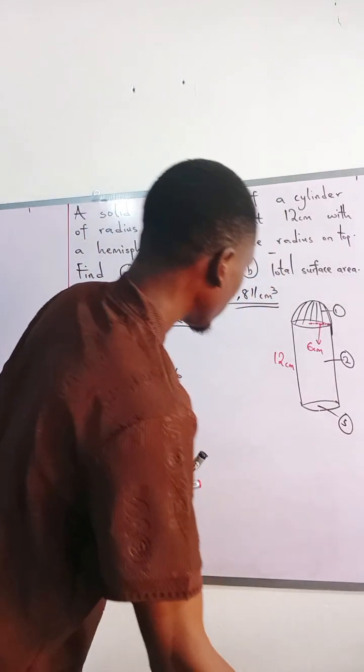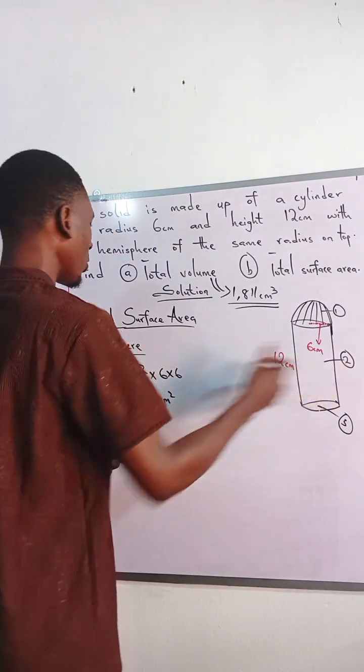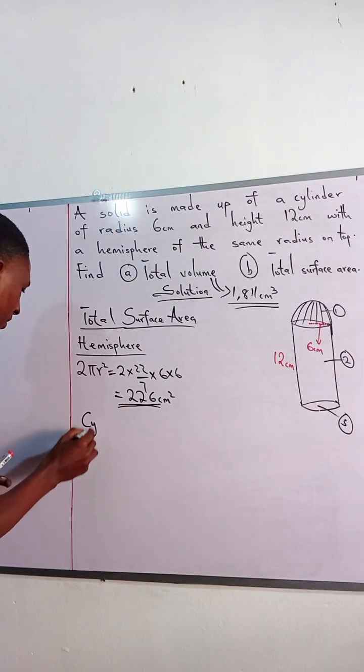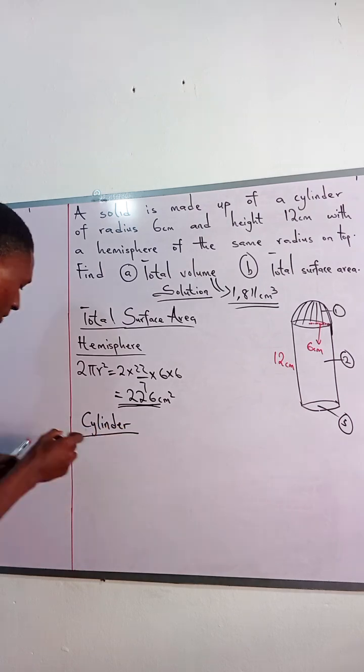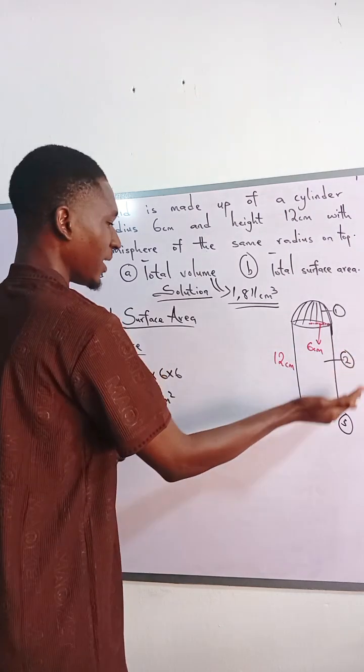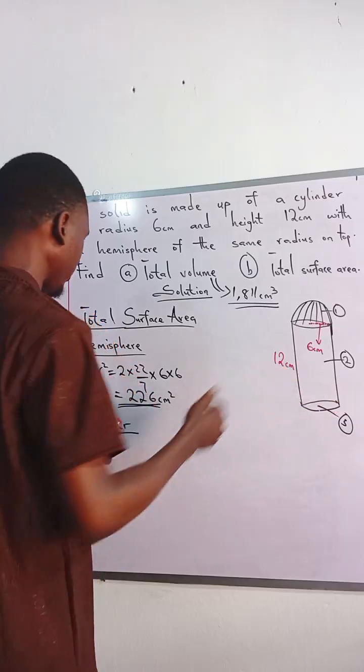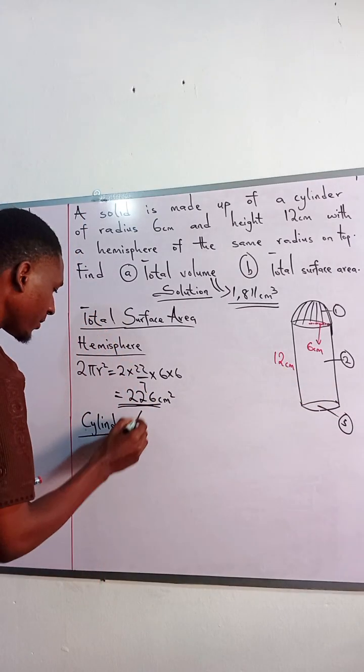Now the next one we are going to calculate is the second one, the curved part of the cylinder. Remember, it's only the curved part that is exposed right here, and the bottom circle is the base circle.